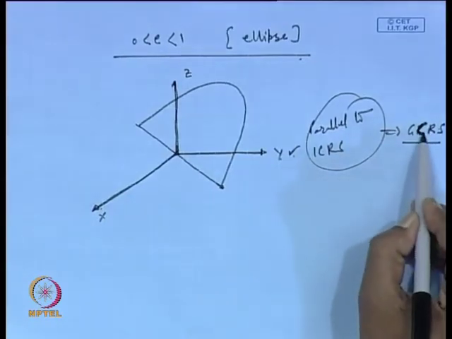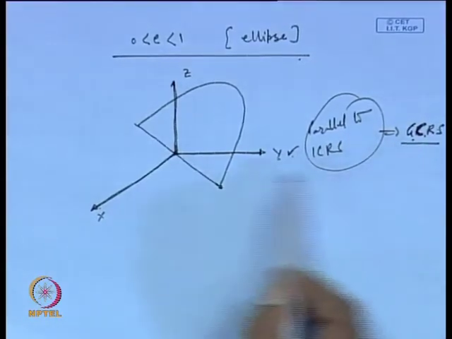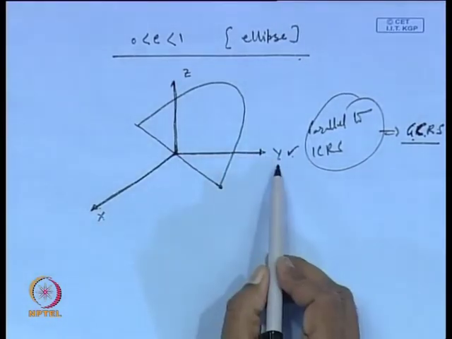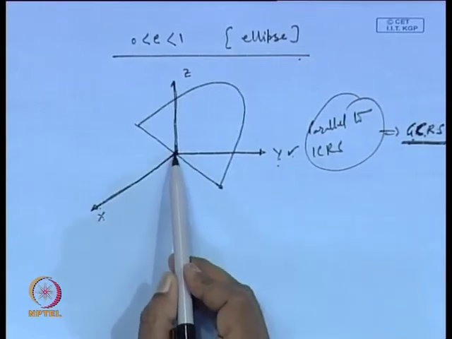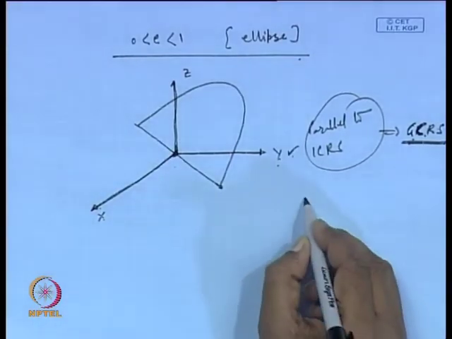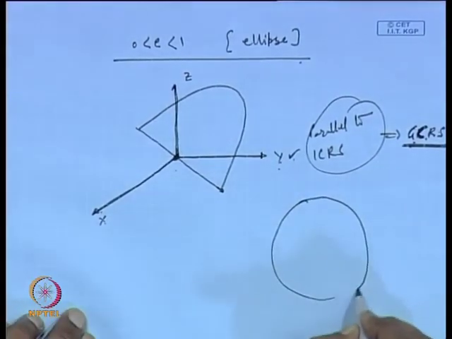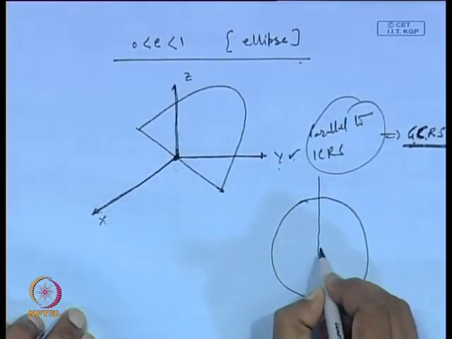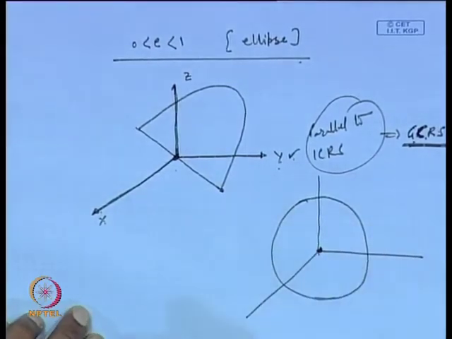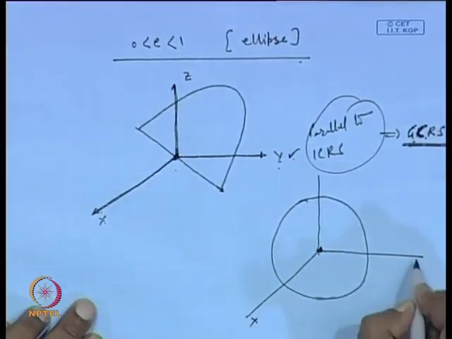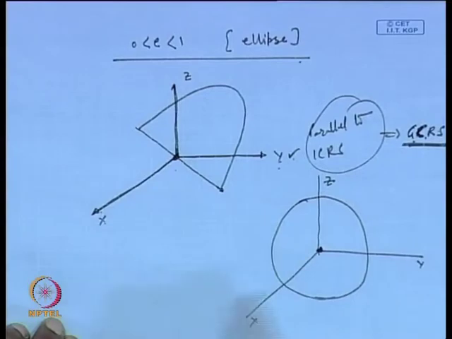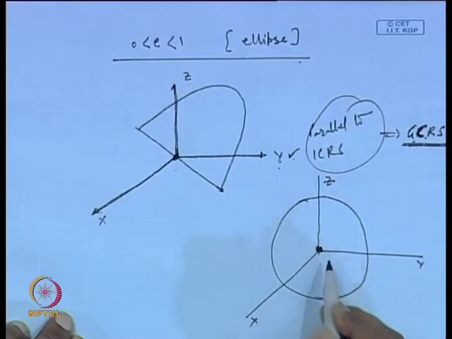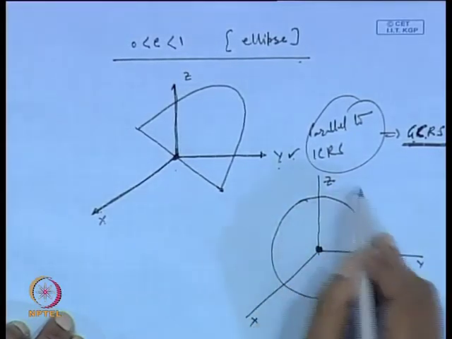In the GCRS, x, y, z here indicate the reference frame GCRS. Suppose we have the earth here. At the center of the earth we are fixing this inertial reference frame GCRS. The earth goes around the sun, and the satellite is moving around the earth.